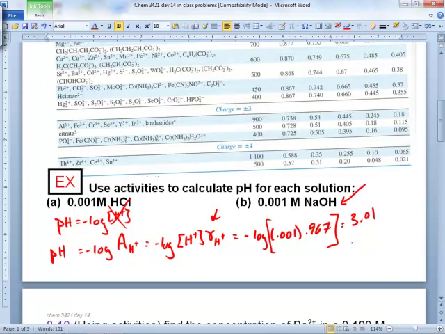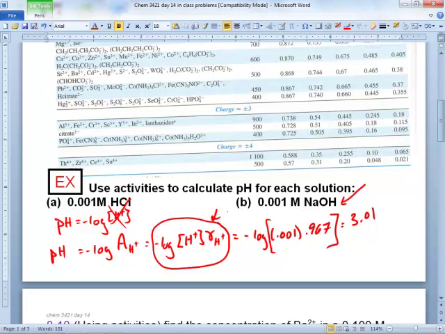We need to find the concentration of hydrogen ion, not Kb. Do you recognize what this is? Strong base, thank goodness. So we know the concentration of OH, because if it's not a strong base, then you have to do the whole Kb thing. It's a strong base, so the concentration of OH is 0.001.